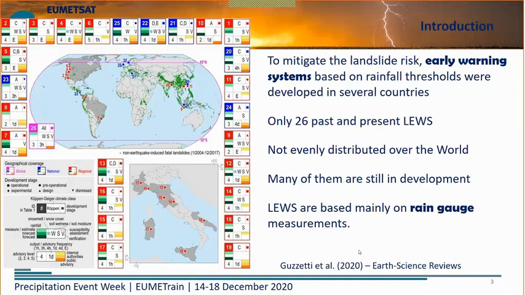We can see that many of them are still in development or not operational, and they are not distributed uniformly throughout the globe. They are mainly based on rainfall thresholds using observed rainfall from a monitoring network, so through rain gauges.